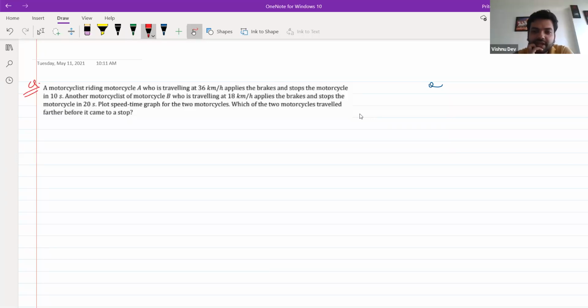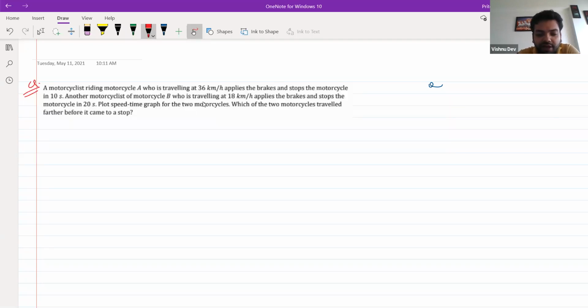You have to just tell me how the plot of the graph will be. Will it be a straight line or will it be a curve? I'll give you options, but first just attempt it.